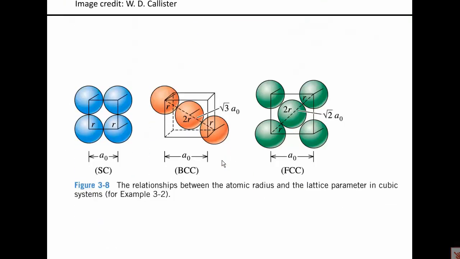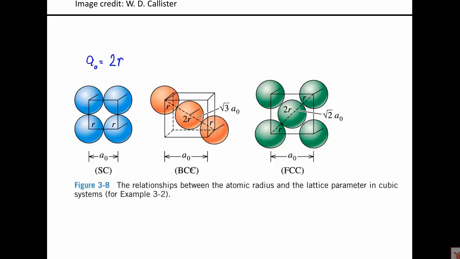So, first let's have a look at how to determine the relationship between A0 and R. In the simple cubic system it's very easy. We can see that 2 atomic radii constitute the lattice parameter A0. So therefore A0 is equal to 2R in the case of a simple cubic.